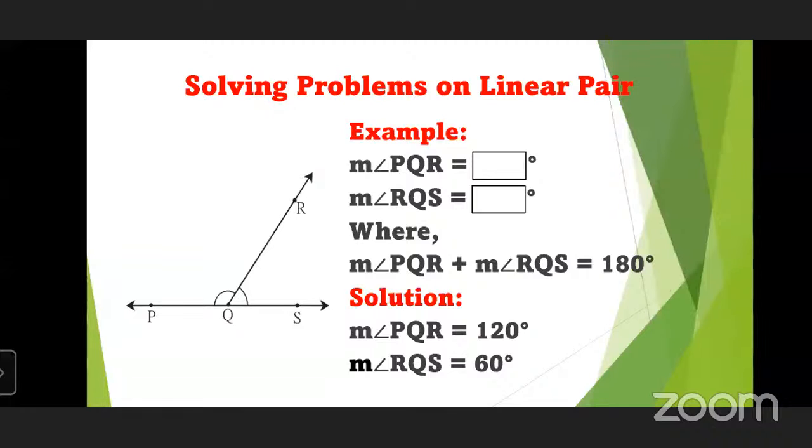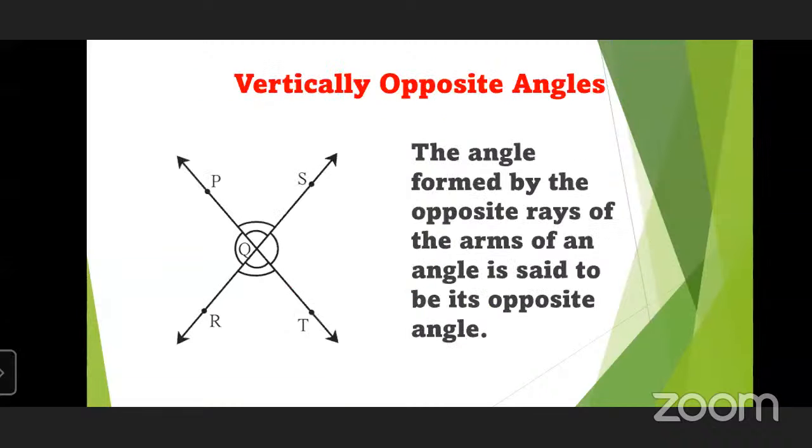If a particular measure is given, then we can directly measure it with a protractor. Because the addition of both the angles is 180 degrees, we can finally measure it with a protractor: angle PQR is 120 degrees and angle RQS is 60 degrees.